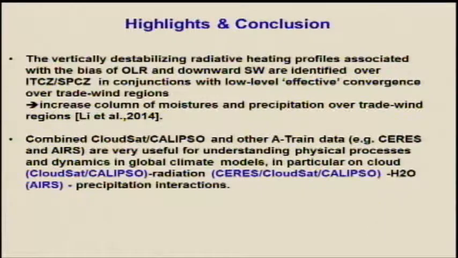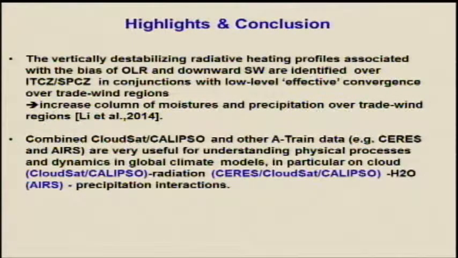So the conclusion from this very interesting short talk is that the vertical destabilization of the heating profile associated with the OLR and the downward shortwave is identified, in conjunction with the low-level effective convergence over the subsidence regime. So this is going to increase the column moisture and the precipitation over this regime.